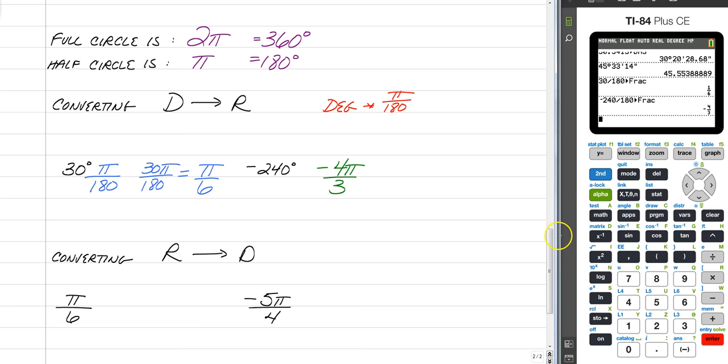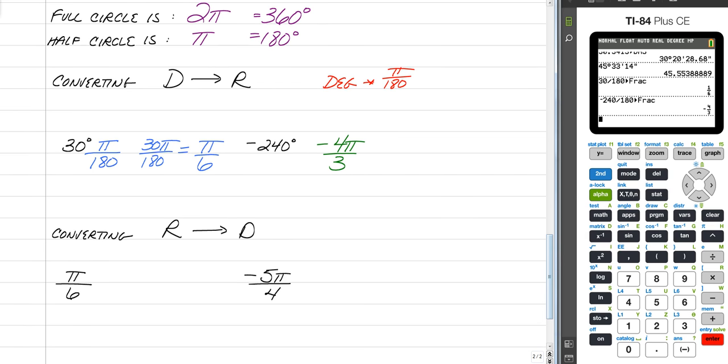So how do you convert from radians to degrees? It's just the reciprocal. So we just take the radian and we multiply it by 180 over pi. So to convert pi over 6 to degrees, we just multiply by 180 over pi.